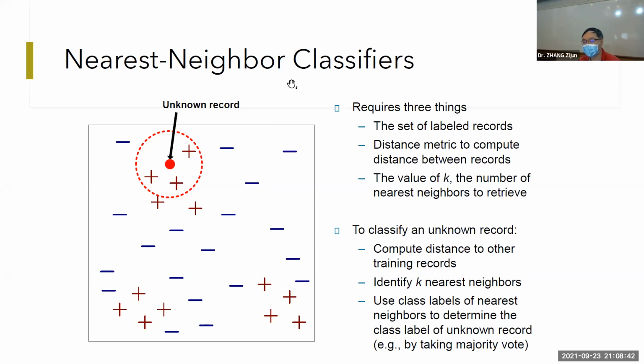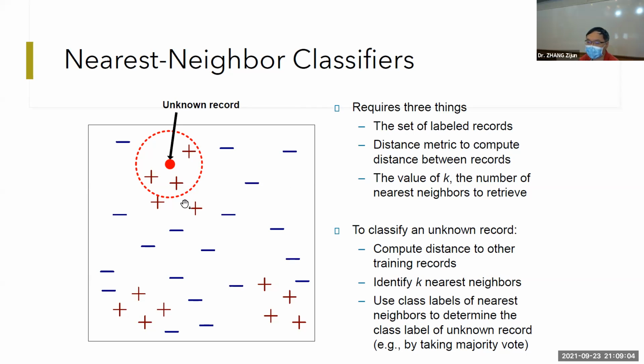To use the nearest neighbor classifier, it requires 3 things. First, we need to have a set of labeled records, that means the references. Second, we need to determine the distance metric we would like to use to compute distance between the records.